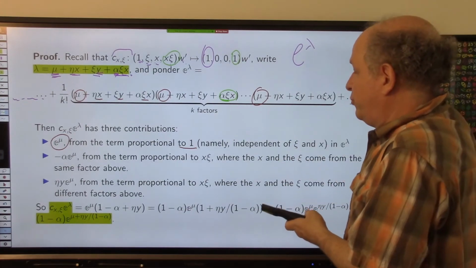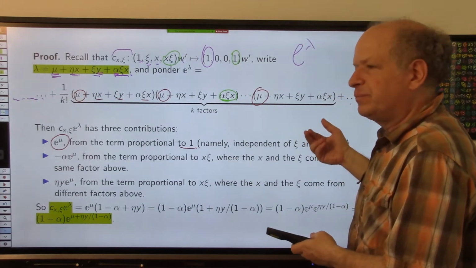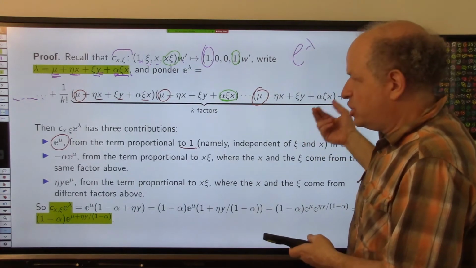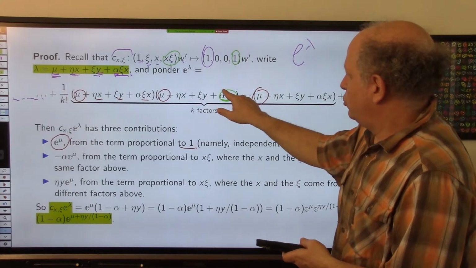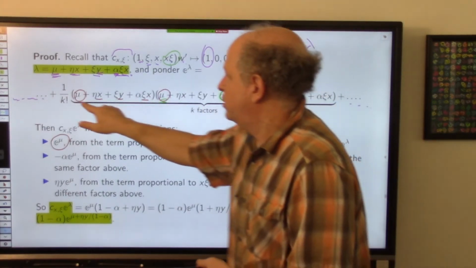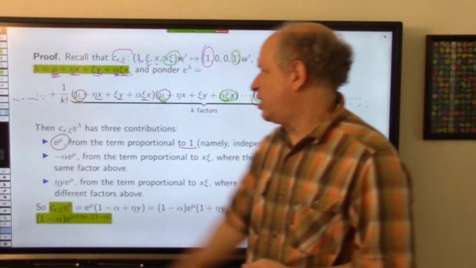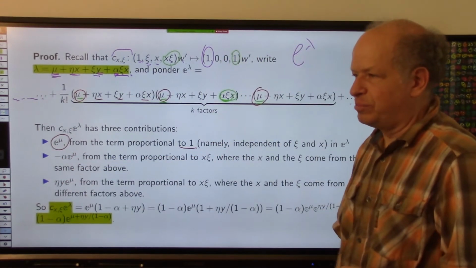Then I just have to sum over all possibilities for which factor it could be, and all the other factors must be mu's, and you can check that you get minus alpha times e to the mu from this contribution.